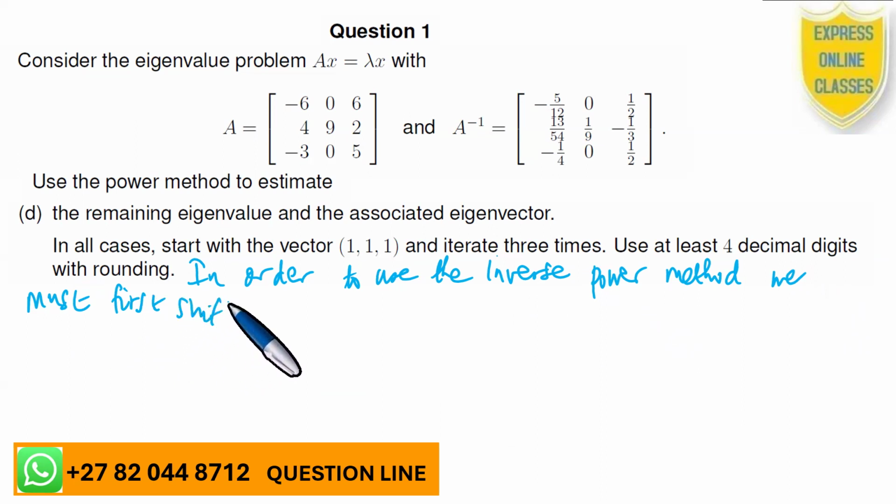So we perform a shift for the first time ever in the power method. We must first shift the eigenvalues.